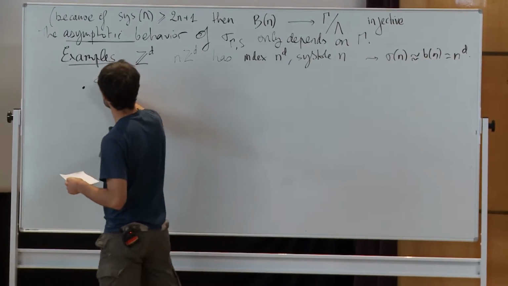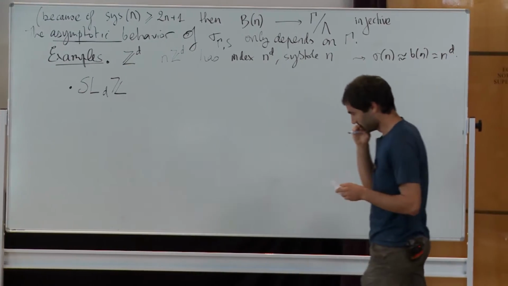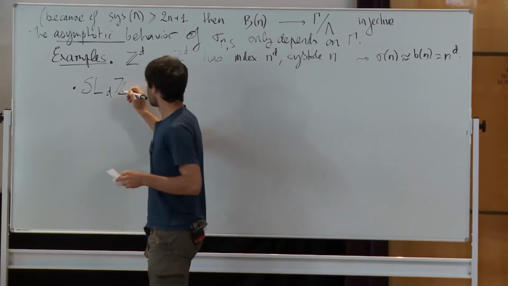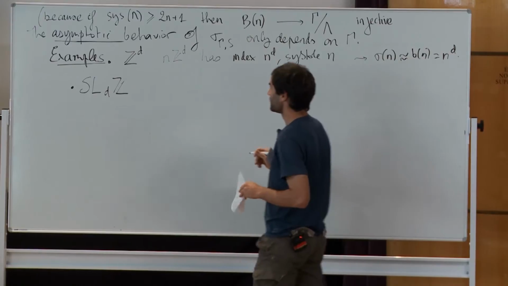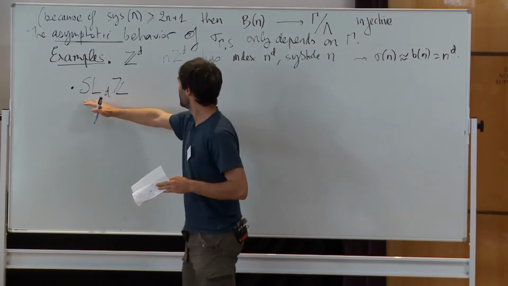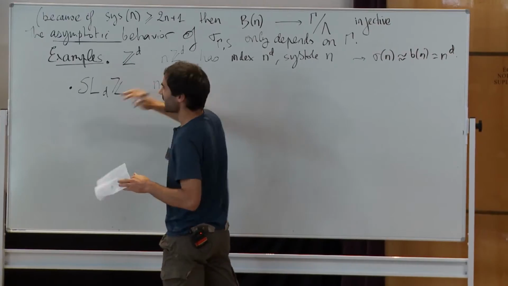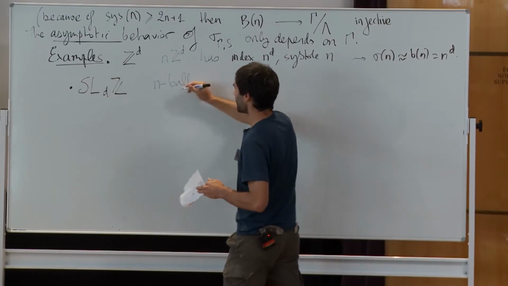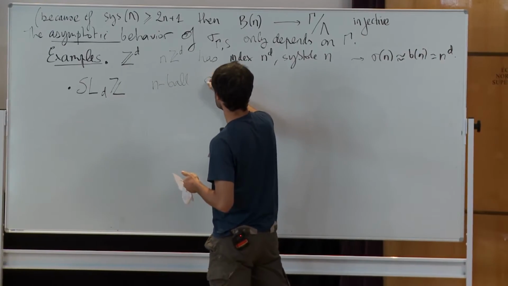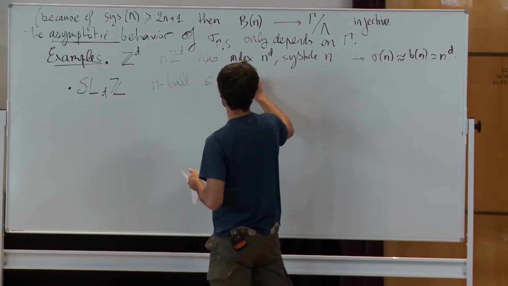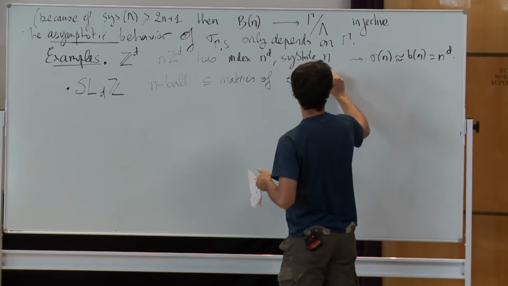Second example is SL_d(Z). So here, the n-ball with any choice of S, I will be a bit sketchy, is contained in matrices of at most exponential growth.